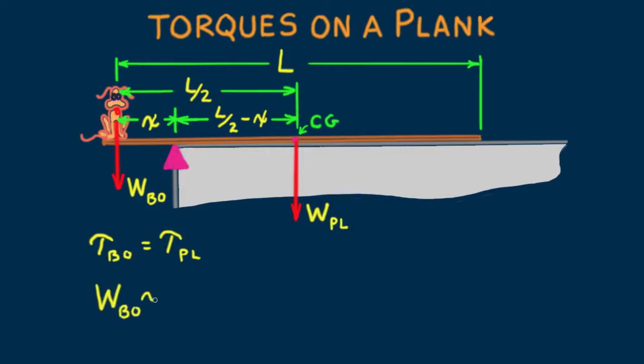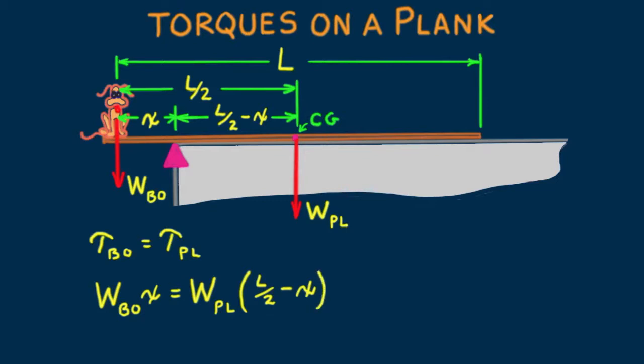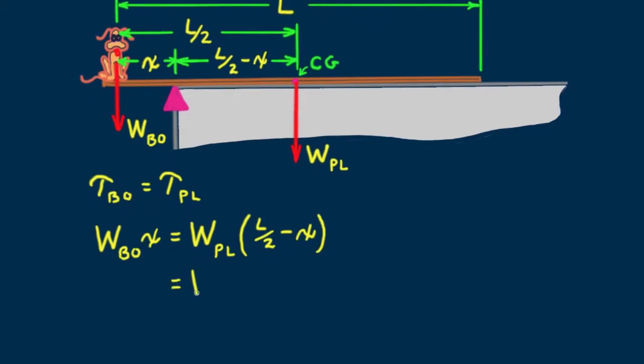Equating torques, the weight of Bo times distance x will equal the weight of the plank at its center of gravity times the distance L/2 minus x.